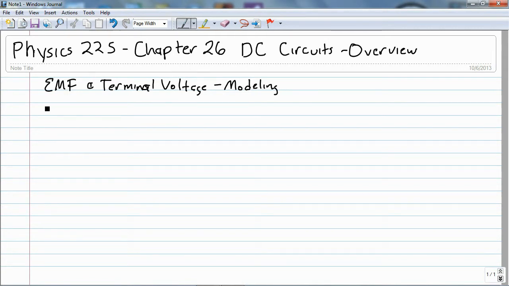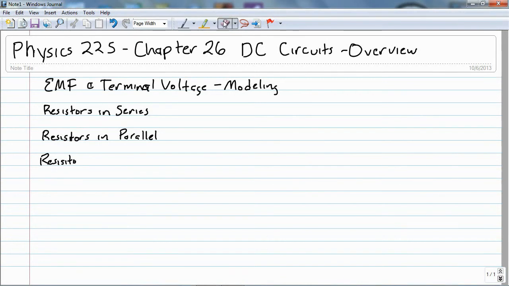We'll look at resistors in series, resistors in parallel, resistors in, I still can't spell, resistors in series parallel.